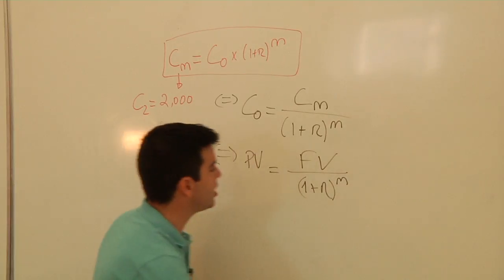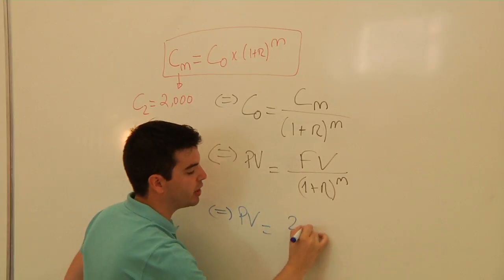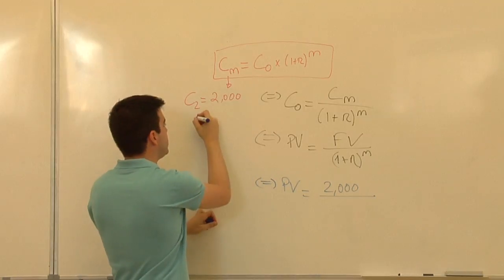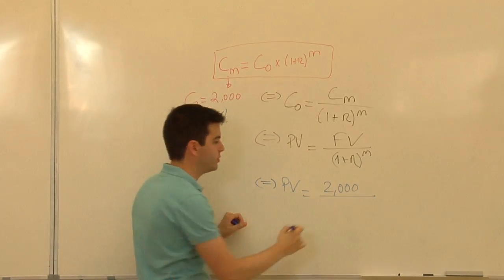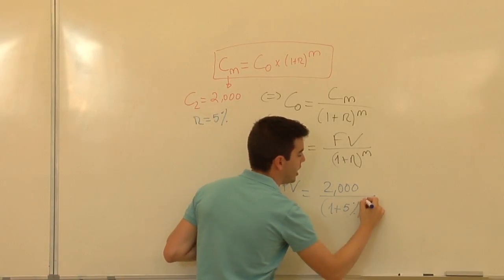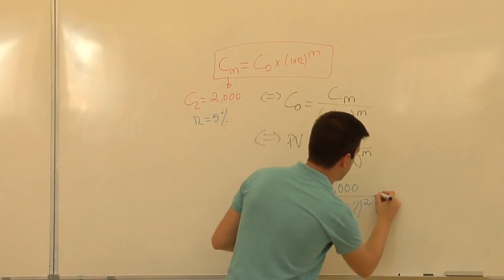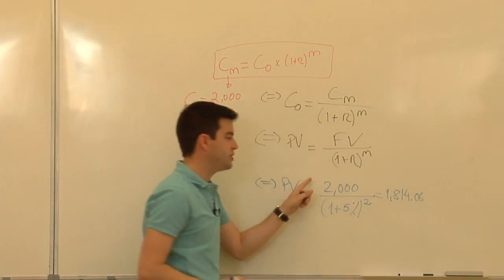So let's use this with the numbers we have. So 2,000 is the future value. This is how much you need in 2 years. Let's say that the interest rate is 5%. So this here will be 1 plus 5%, and we raise this to the power of 2. Once we do this, we get the present value of these 2,000.